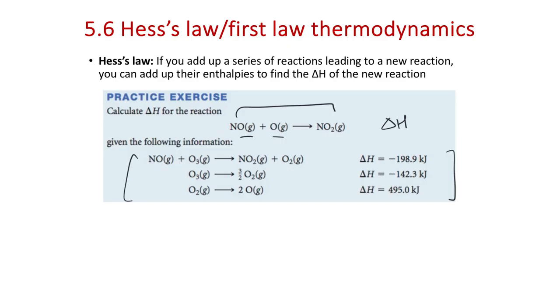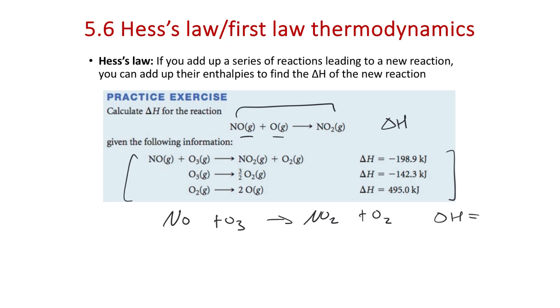What I start with is looking and seeing I have NO here and NO here. So this first reaction is actually good written as is. I'm going to start by rewriting the first reaction, and I know that this is in the right quantity and in the right direction. Because the question is, do I need to flip the reaction? Do I need to double the coefficients? Do I need to cut them in half?